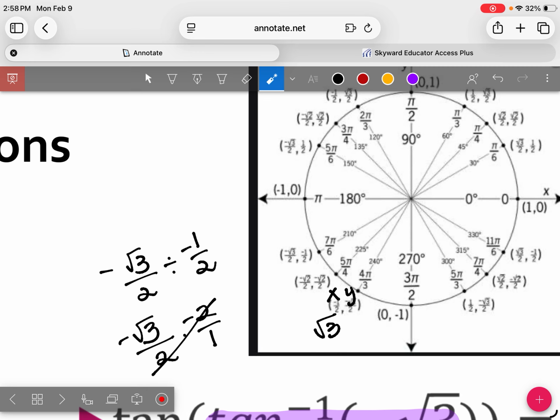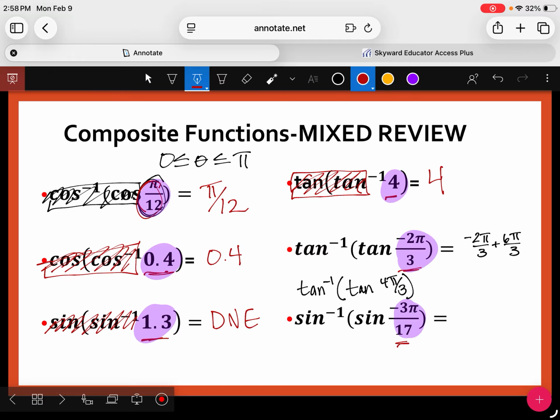There are a lot of things I like about the unit circle, but it's all a reflection. They're all connected. So I can trace this all the way up. My answer would be positive pi over 3. Let me get back to that slide. So my final answer is positive pi over 3.